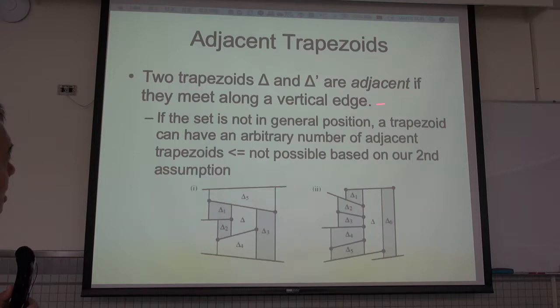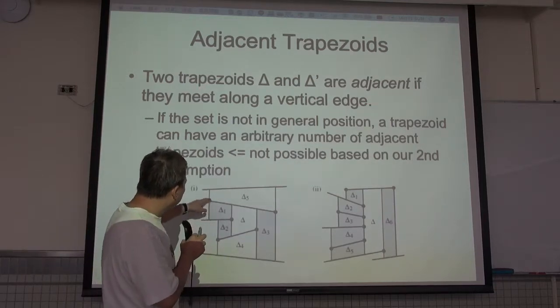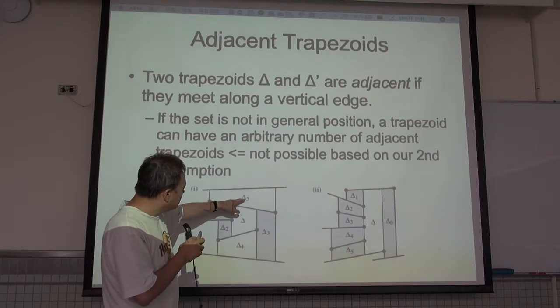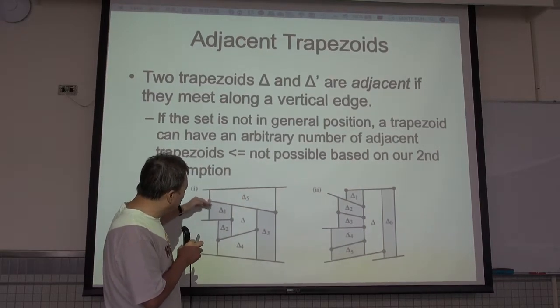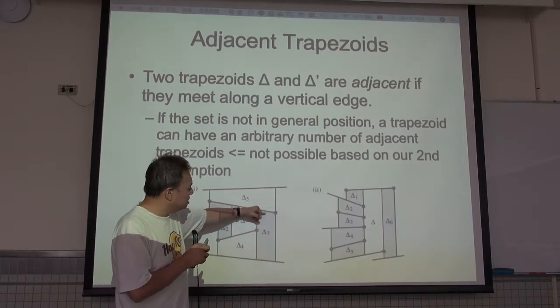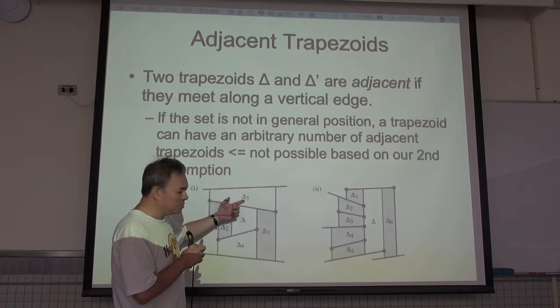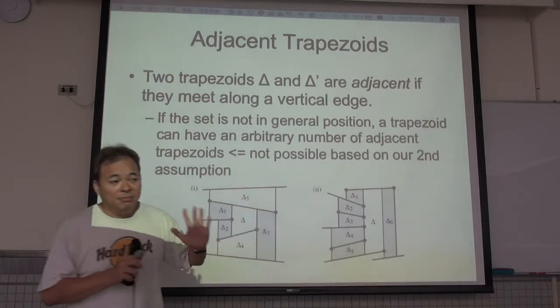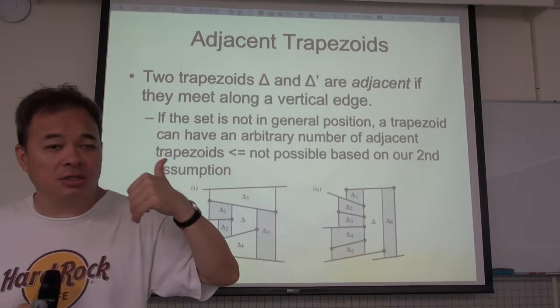So you can see that, for example, in this situation, trapezoid number 5 and trapezoid number 1 share the bottom, the lower segment of trapezoid number 5. But according to this definition, they are not adjacent to each other.